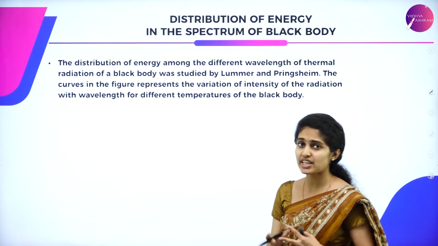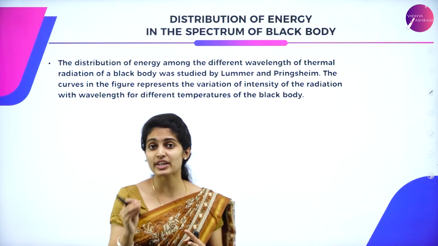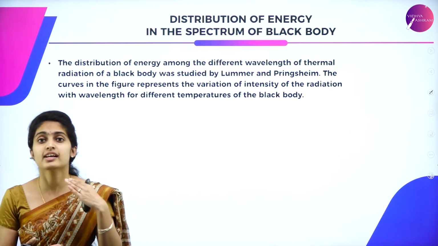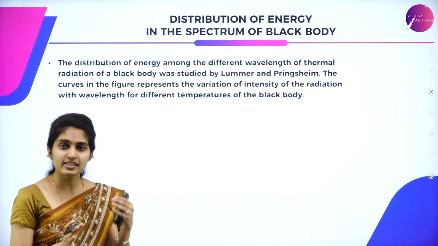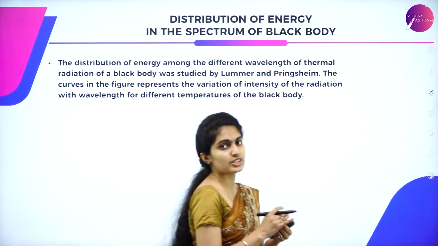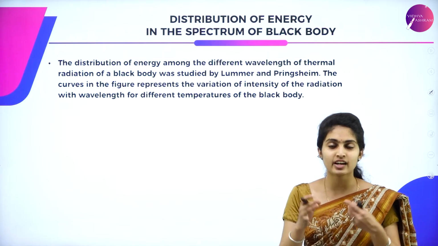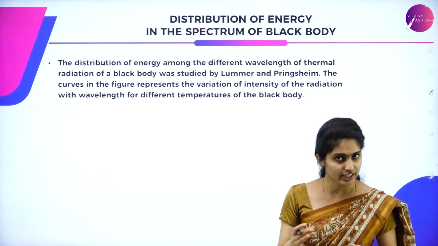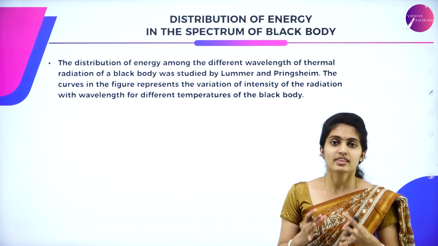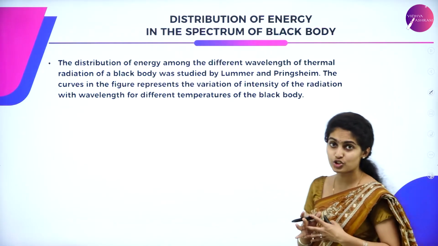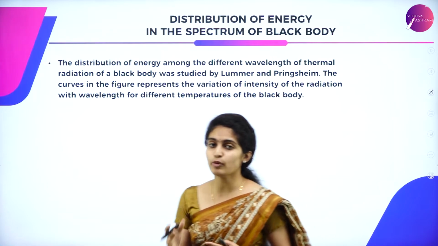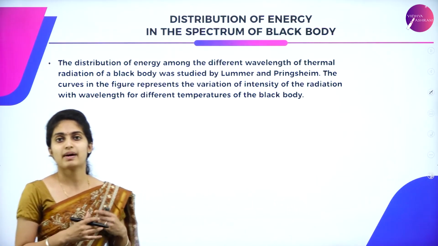So the complete thermal radiation which is incident on this black body is said to be completely absorbed. So there is an intensity of radiation which is absorbed according to its wavelength. There are different wavelengths for different radiations. So in this case, there is a distribution spectrum. The distribution of energy in the spectrum of the black body is understood by this diagram.